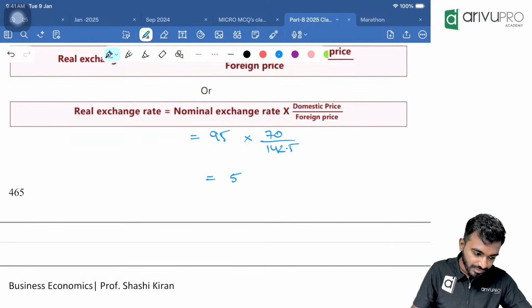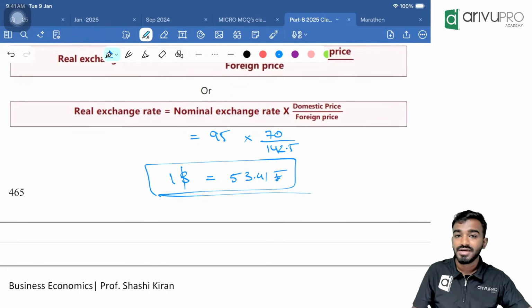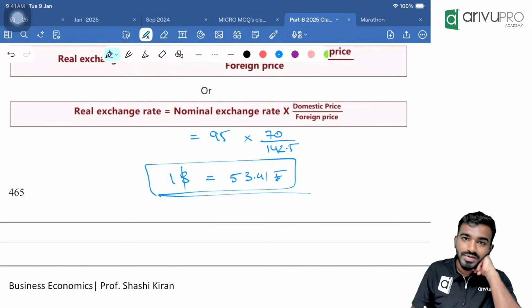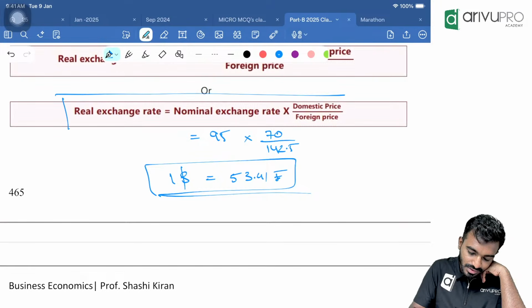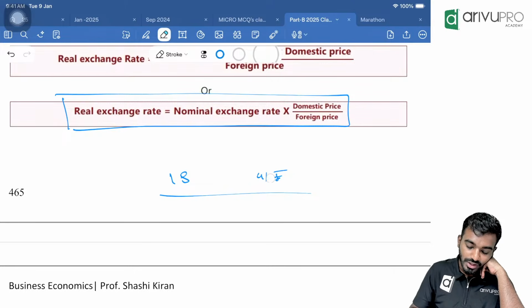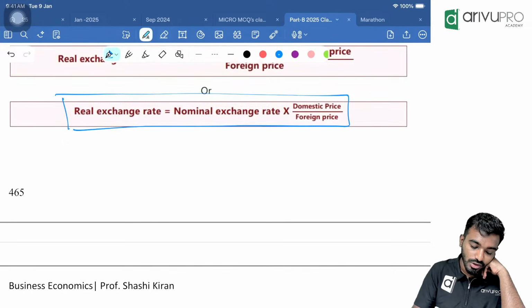So it is 53.41. That means $1 is not 95 rupees; $1 is actually 53.41 rupees in terms of goods. So in terms of goods and services, we need to determine this. This is the real exchange rate formula.